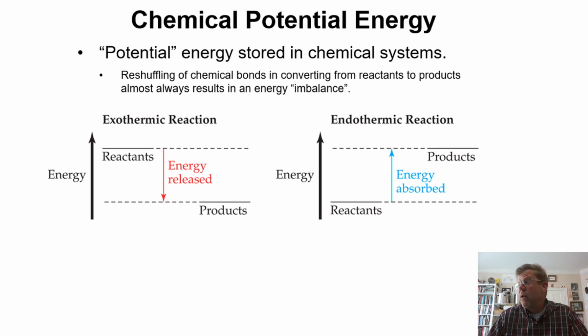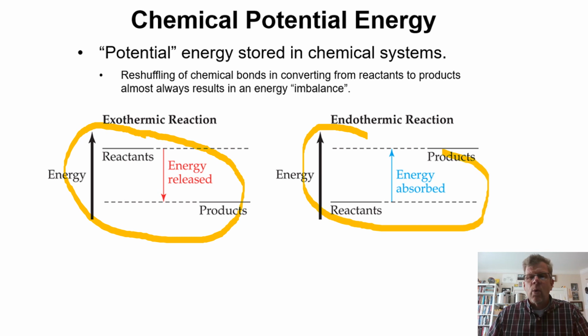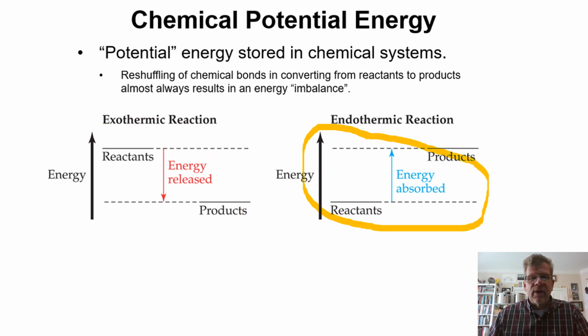Also, in the absence of information that might clue you in a little more, you would not know, or I would have to tell you, whether a reaction happened to be exothermic or endothermic. But my point here is that this is what the reaction coordinate would look like for an exothermic reaction. This is what the reaction coordinate would look like for an endothermic reaction.